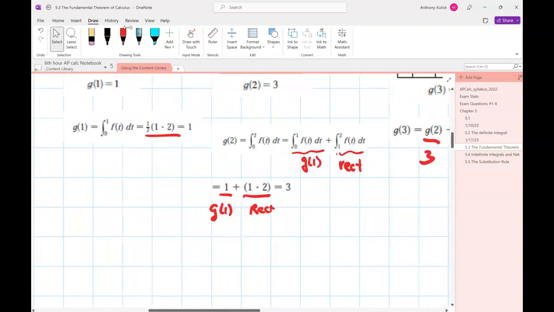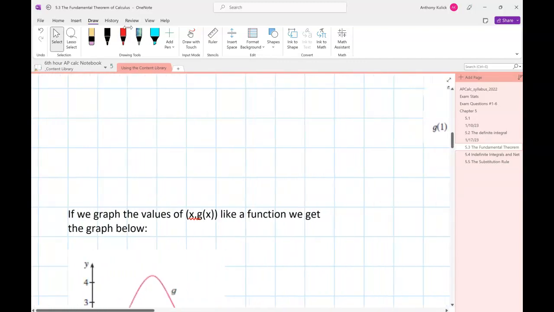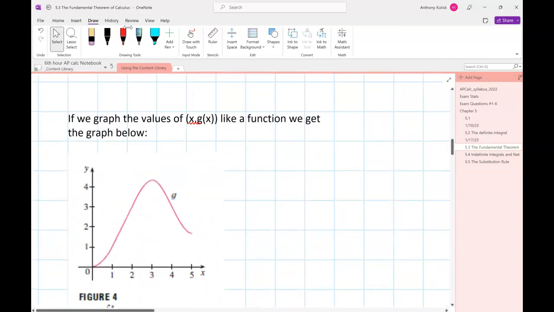So if I wanted to then graph g of x, so I'm going to plot the points like x comma g of x, and I get something that looks like this. Notice that we were increasing until we got to x equals 3. What happened at x equals 3? F of t dipped below the x-axis.